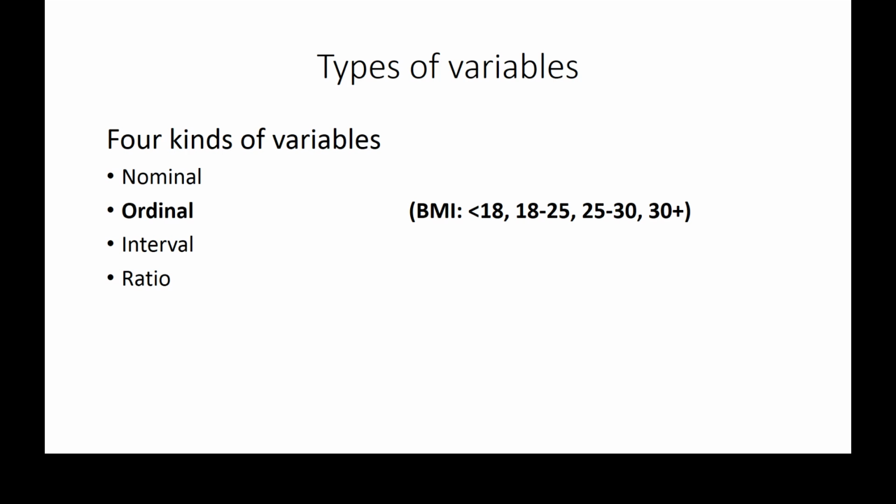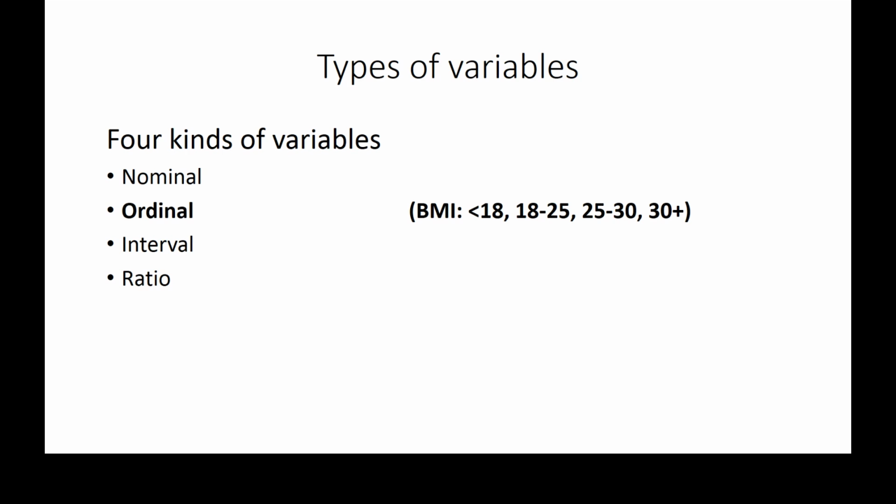And so the distance between these categories is not necessarily evenly spaced. Regarding BMI, like we see here, we could use the categories underweight, normal weight, overweight, and obese. We see that normal weight is less than obese, but we don't know how much less.